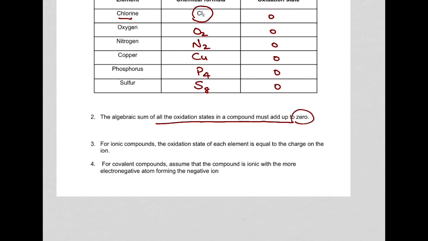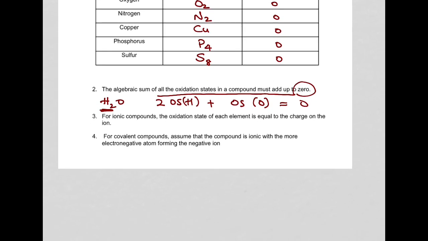For example, if I have H2O, 2 times the oxidation state of hydrogen, because we have 2 hydrogen, plus the oxidation state of oxygen must add up to be equal to 0. So in any compound, oxidation state adds up to be 0.